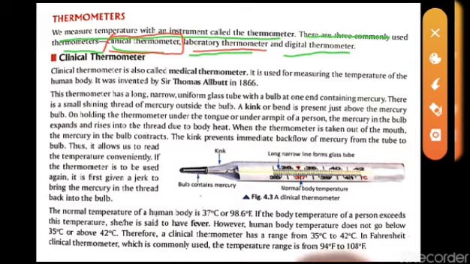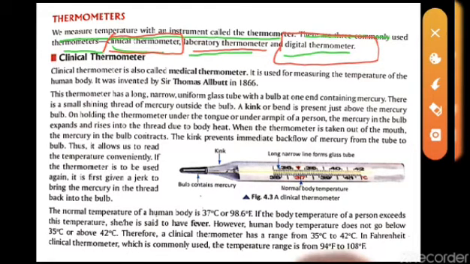That means this thermometer is used in the laboratory, either biology, physics, or chemistry. The laboratory thermometer is used to measure the hotness or the coldness of a material. The last one is the digital thermometer.